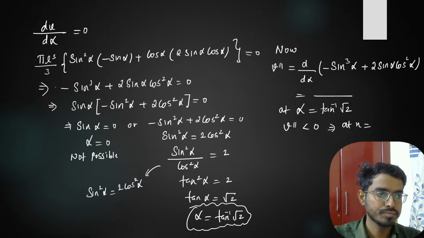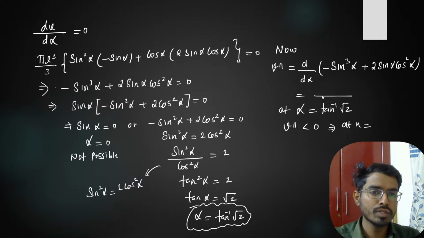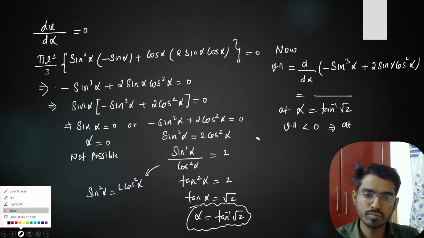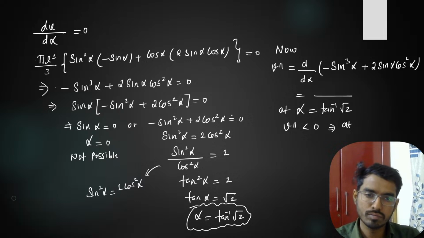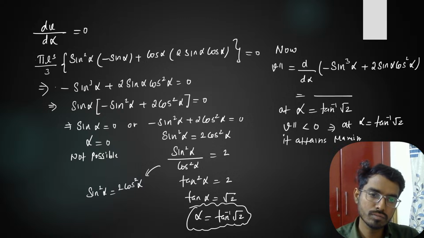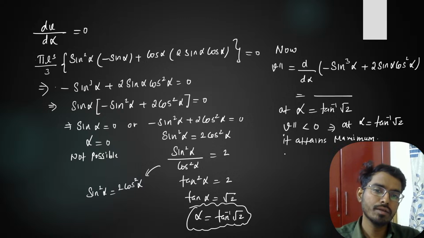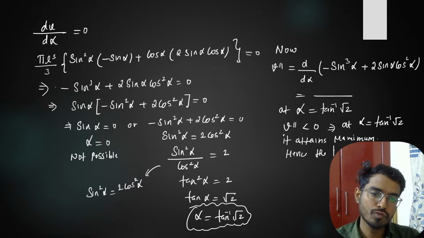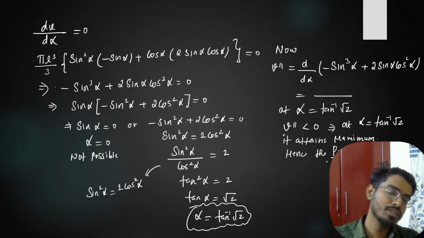You just show that this is less than 0. So that means at alpha equal to tan inverse of root 2, it attains maximum, right? Hence the proof, hence the solution.